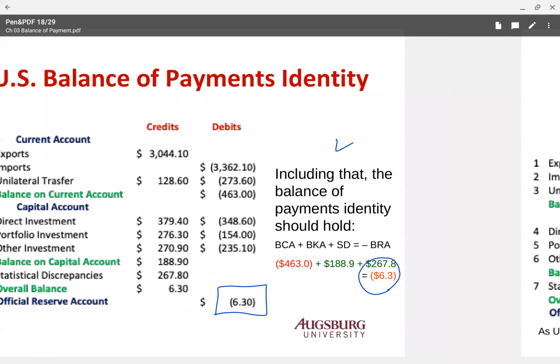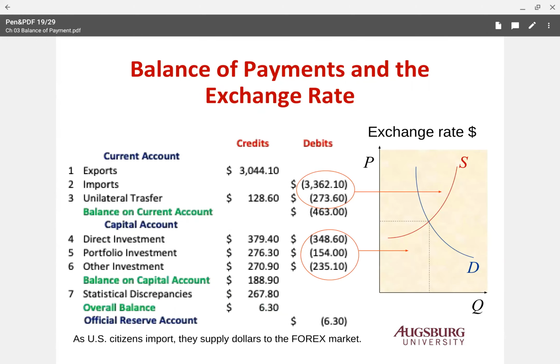Now, let's find the relation between the balance of payment and the exchange rate. This slide showed that the debit creates the supply of foreign exchange, foreign currencies, and the credits provide the demand.